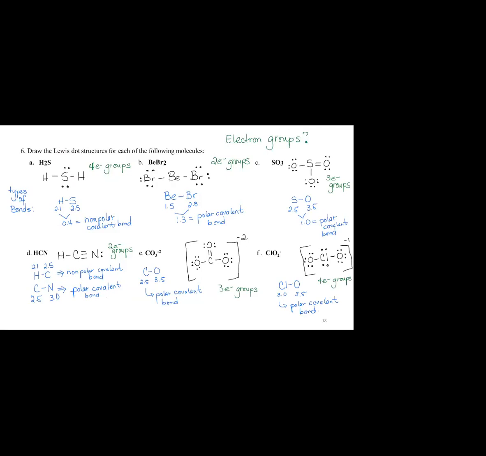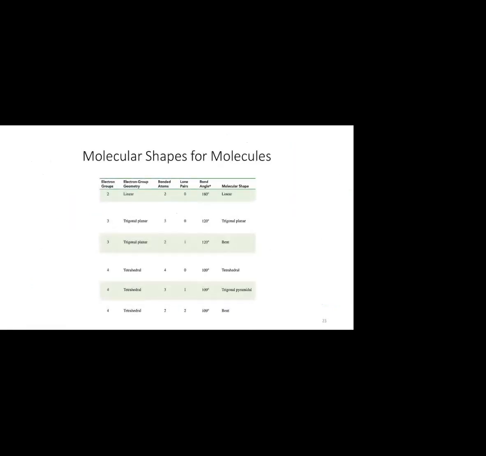Again, remember that all of this, we are just building knowledge. We go from knowing elements to drawing molecules to understanding the bonds that are in there to defining electron groups. And now we're going to say, how do I find, for my molecule, what is the electron group geometry, what is the molecular shape, and what is the bond angle?